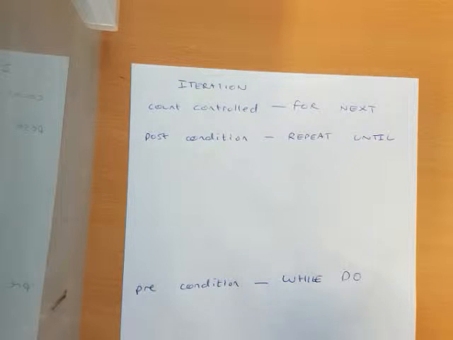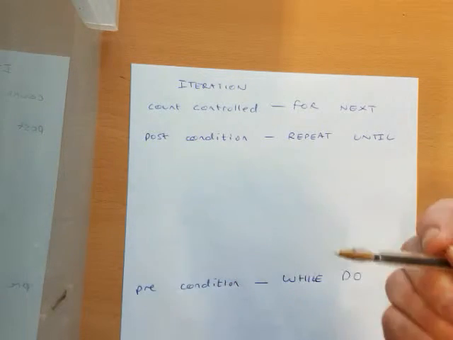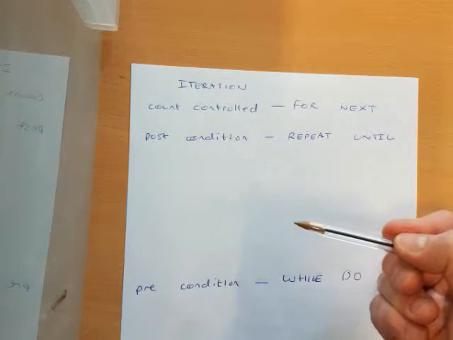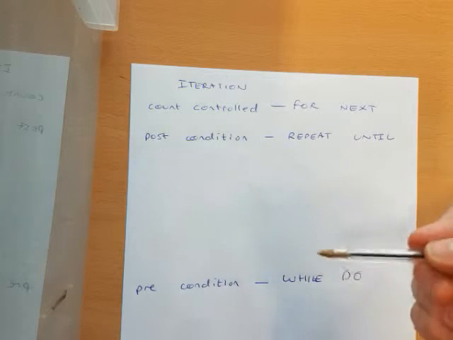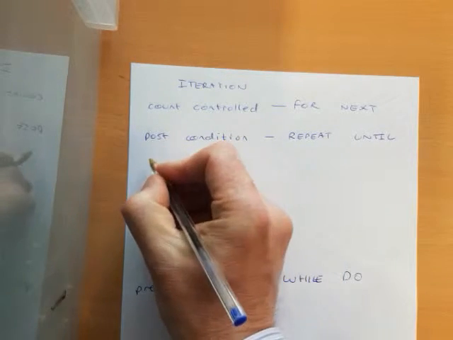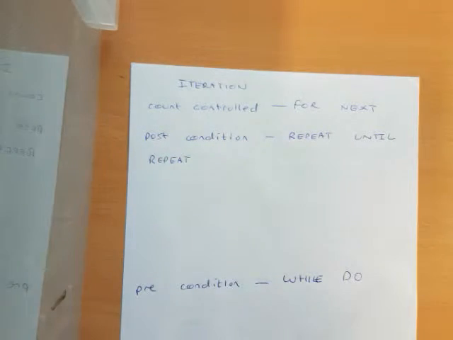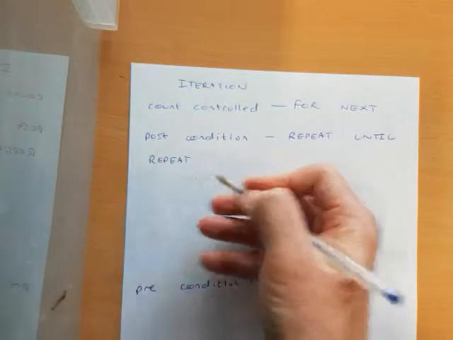Okay, so the first one, post condition, what this means is that the loop will run, then it'll check something to decide if it needs to run again. So this type of loop will always run once. So we start off with repeat, then we put our statement.